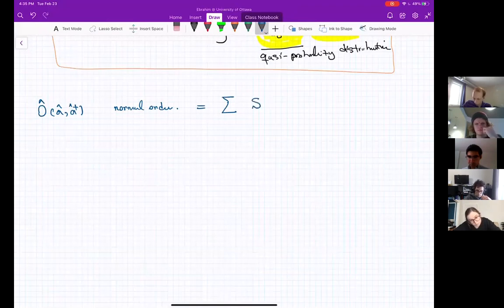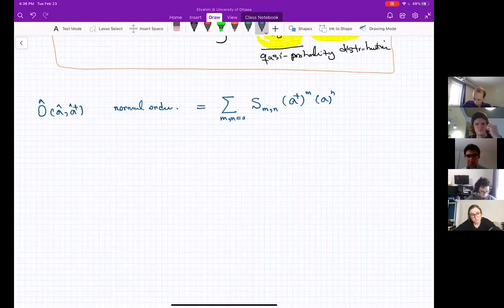I call it S of M and N, A dagger of M, A of N, where M and N change from 0 to infinity. Since this is a normal order, I assign a number to it, and this number is 1. Remember, for normal order, sigma is equal to 1. It's the one that I define.